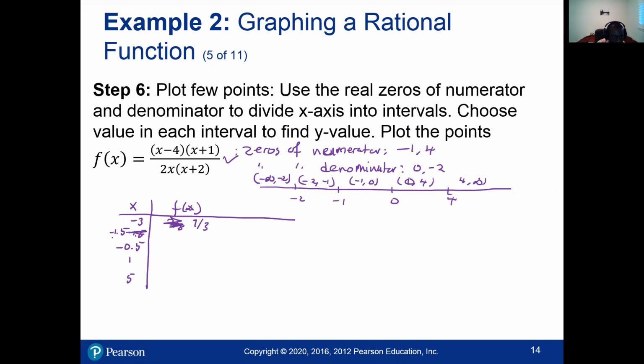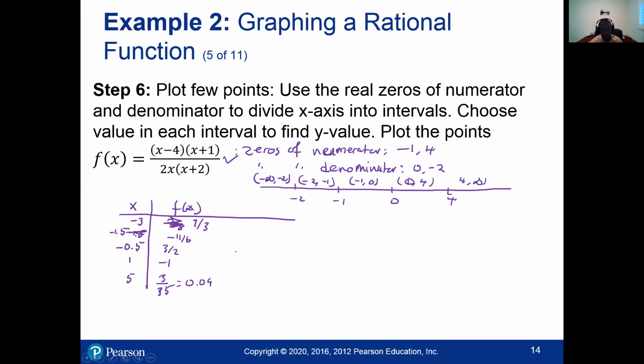And then when x is negative 1.5, I got negative 11 over 6. And when it is negative 0.5, I got positive 3.5, and for 1, I got -1, and then for 5, I got 3 over 35, which is approximately 0.09.